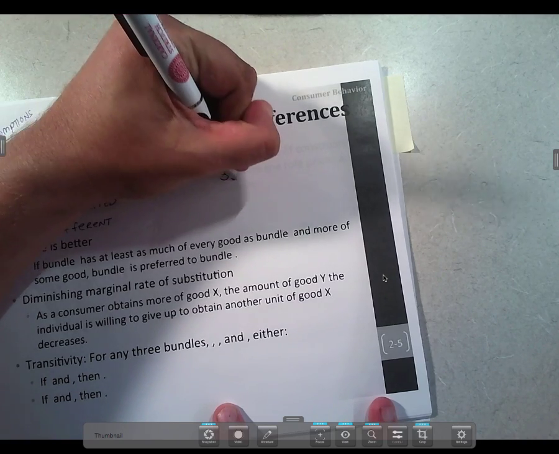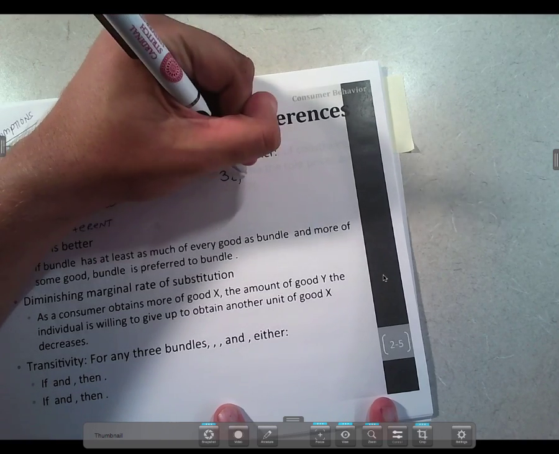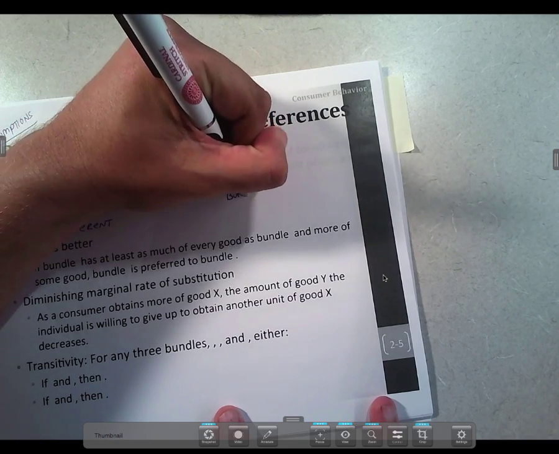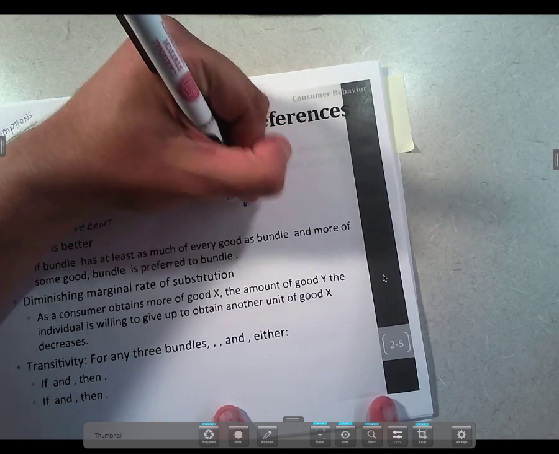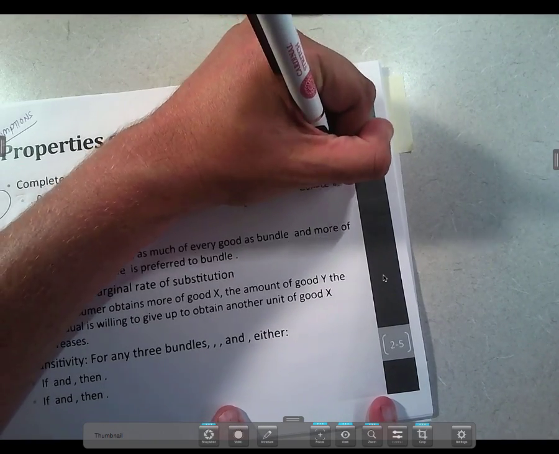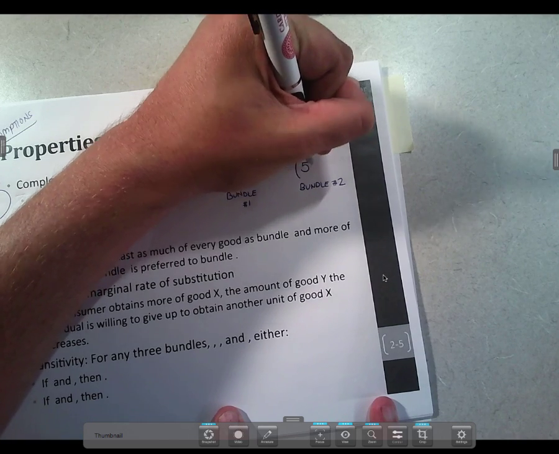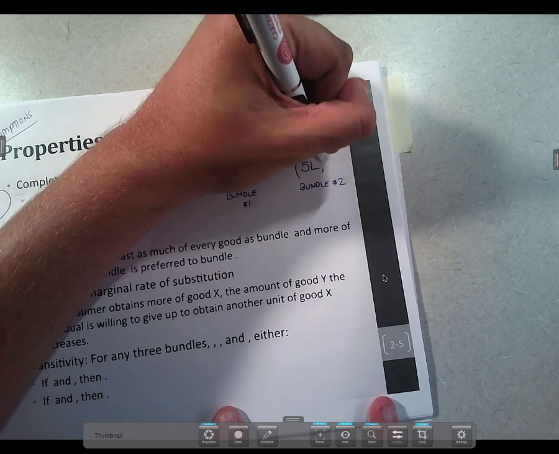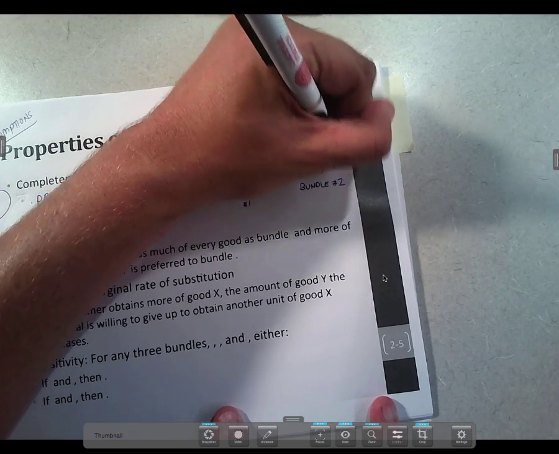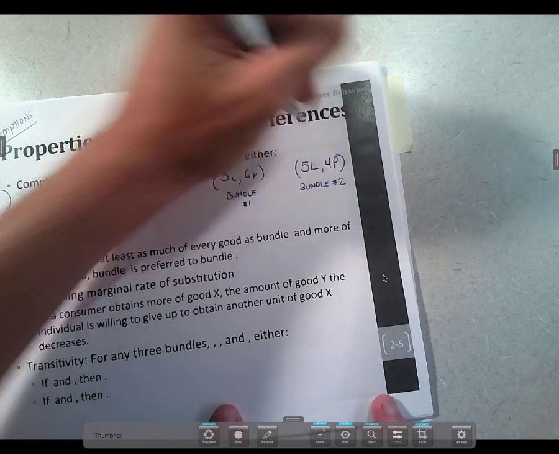If I have one bundle that has 3 lamps and 6 pens, let's call this bundle number 1. And I have bundle number 2 that has 5 lamps and let's say 4 pens. Okay, so we have two bundles here.